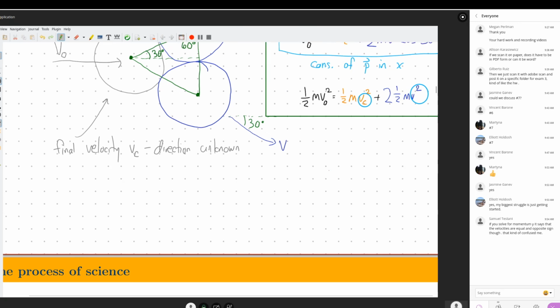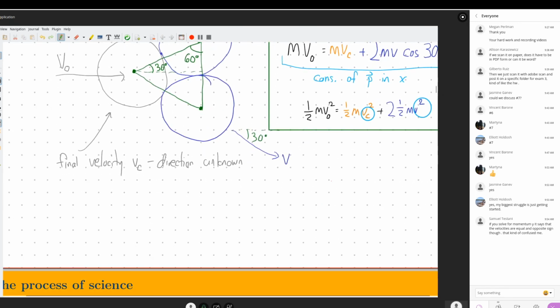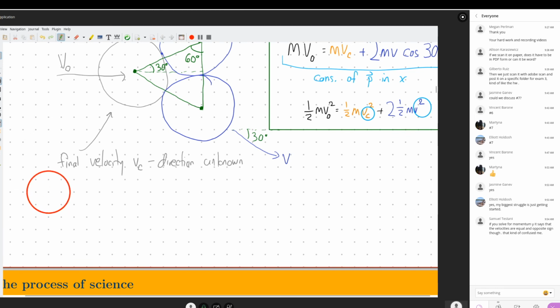So Samuel, in the y direction, if you treat their final velocities as opposite, in the y direction, you have that in y, there's no initial momentum in the y direction. You have basically m v1 sine 30 degrees minus m v2 sine 30 degrees.